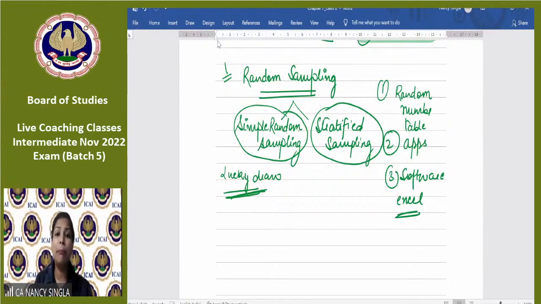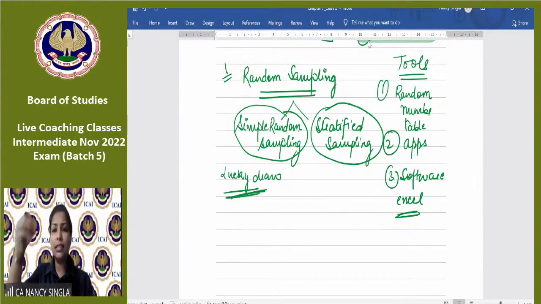So he applies tools like random number tables, or simply, in a bowl there are slips of 1 to 1000 invoices. He can pick up the chits from the bowl, see the numbers he has selected, and check all those invoices.